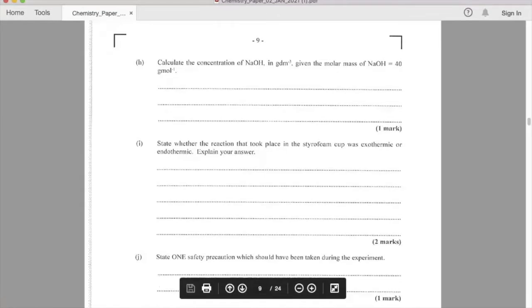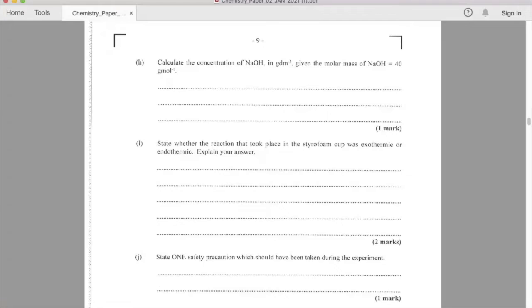All right, so in part H, we're to calculate the concentration of sodium hydroxide in grams per dm cube, given the molar mass of sodium hydroxide being 40 grams per mole. So the molar concentration of the sodium hydroxide is 0.136 moles per dm cube.